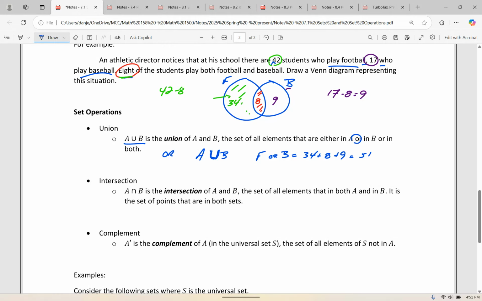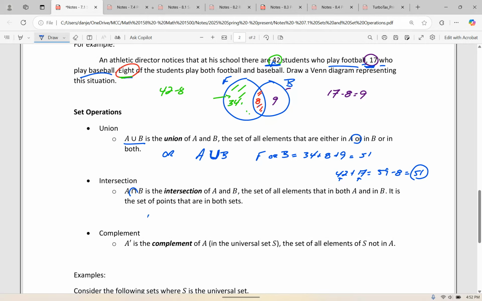Now, we might be tempted to say 42 football players and 17 baseball players. If I have 42 football plus 17 baseball, that looks like I have 59 players. But don't forget that we want to subtract the 8, because those 8 students who played both sports were counted with the football players and with the baseball players. So there's actually only a total of 51 total players.